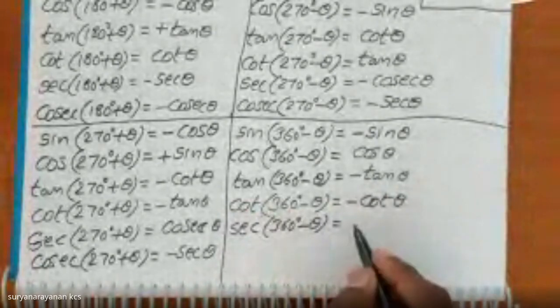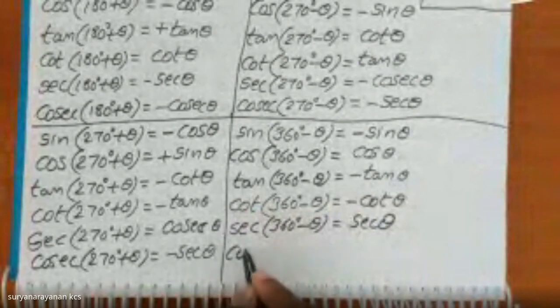Secant 360 degrees minus theta. Very good, Richard. Very good, Ria. Very good, Percy. Secant theta.